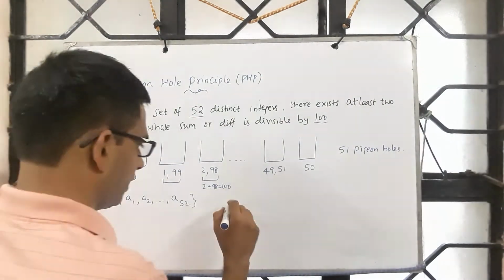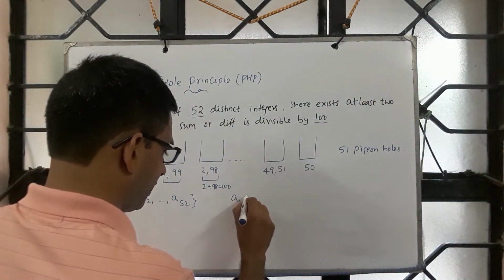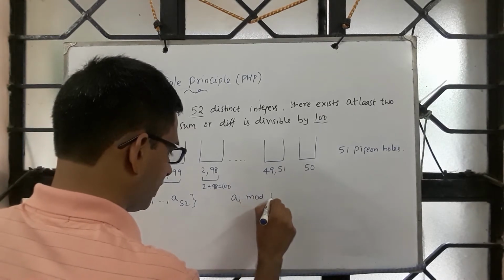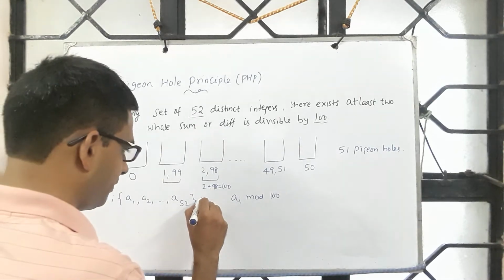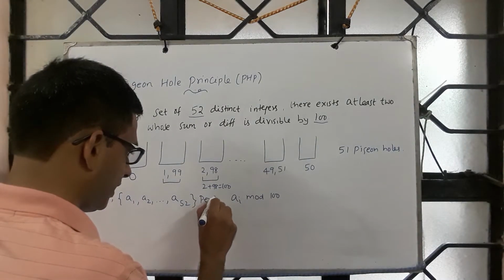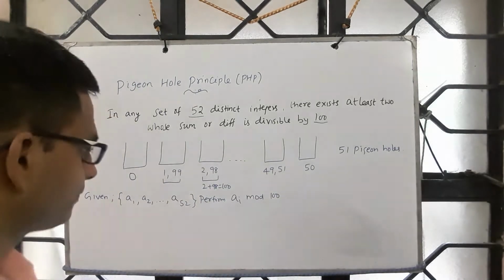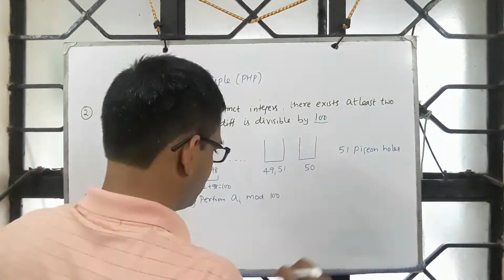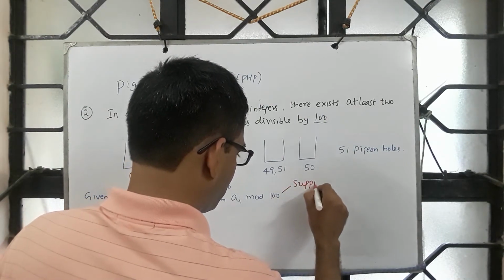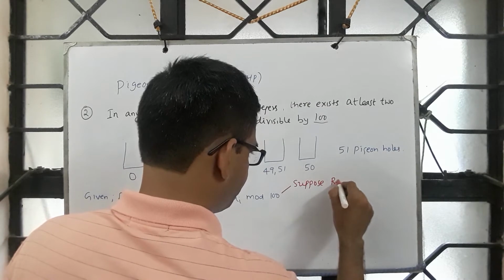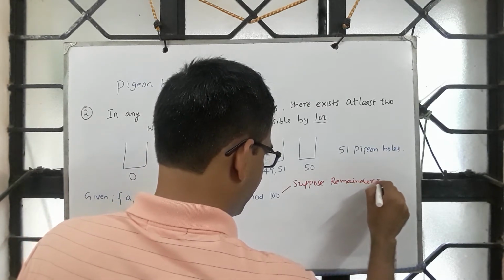Okay. So now what I do, take AI and perform AI mod 100. Suppose, just for example, the remainder is say 2.